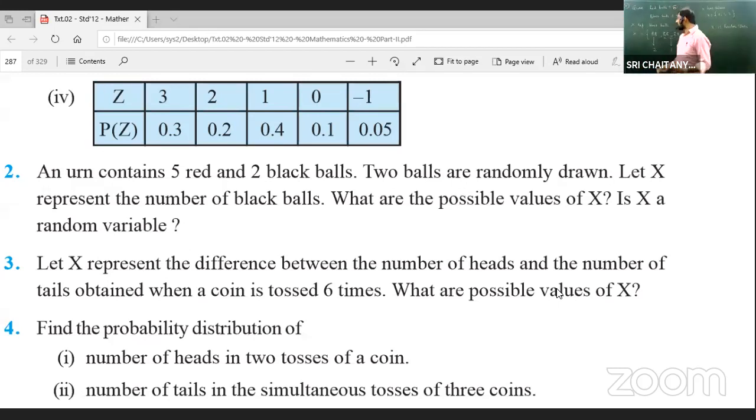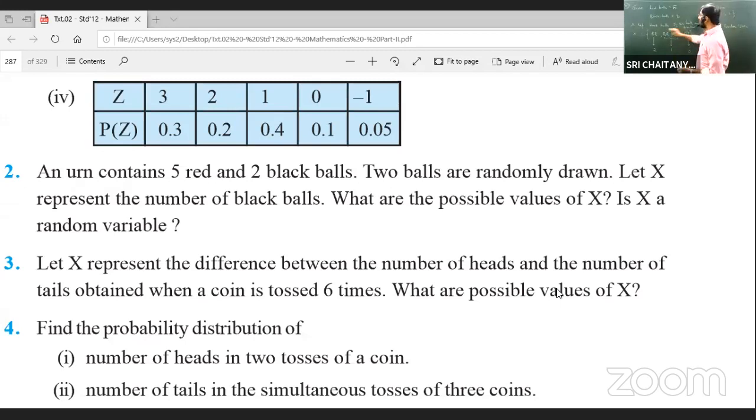Observe, if 2 balls are drawn, both may be black. First one may be black, second one may be red. First one may be red, second one may be black, or both may be red.